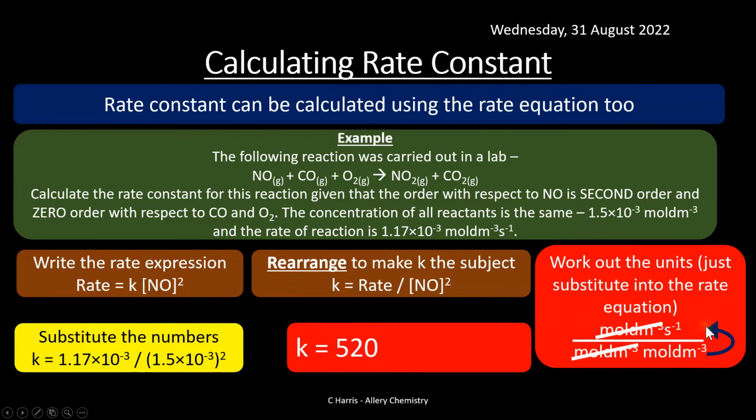When we shift that up, we invert it, so we put mol to the minus 1, dm to the 3, because we're moving it to the top. That leaves us with mol to the minus 1 dm3, and the s to the minus 1 is already on the top line, so that remains the same. And that's your units of k. So just make sure you're working out your units correctly. Really, really important because you get a mark for that.